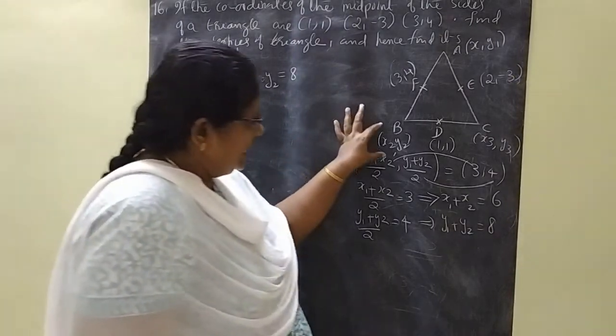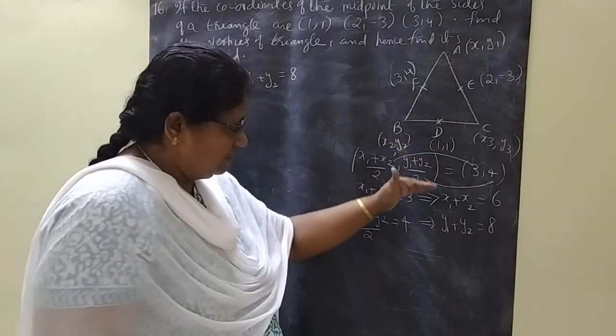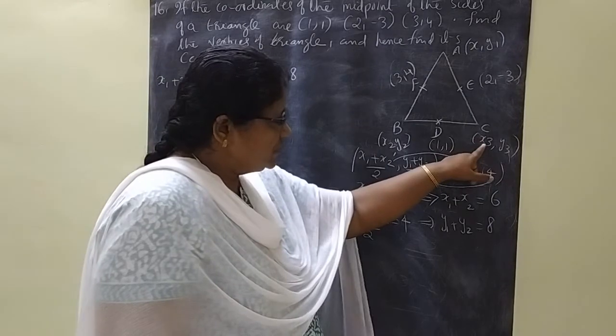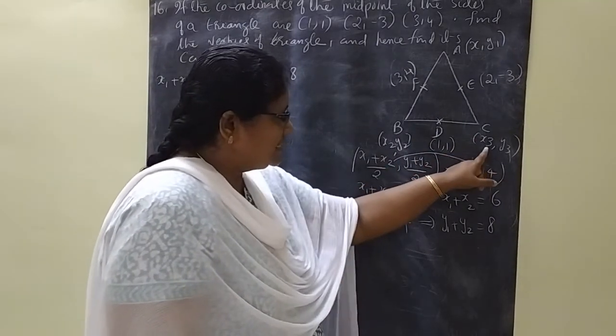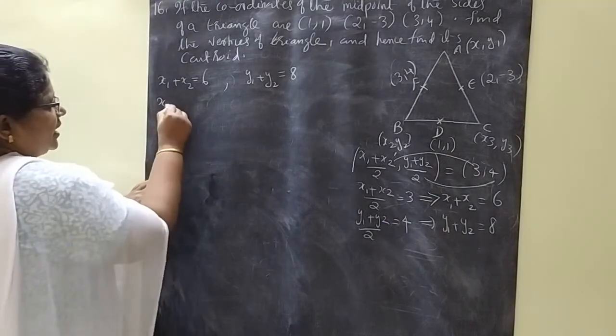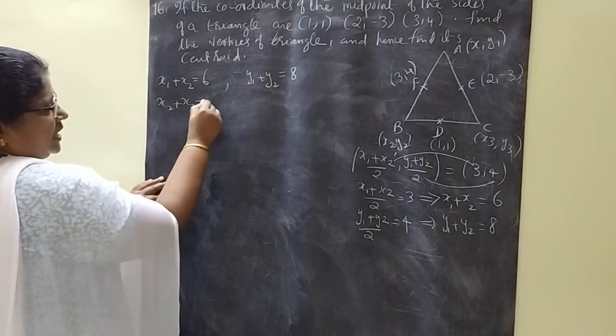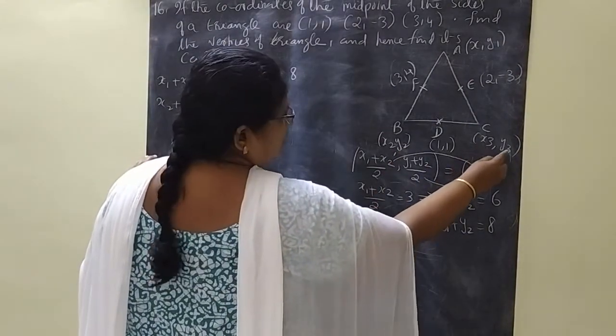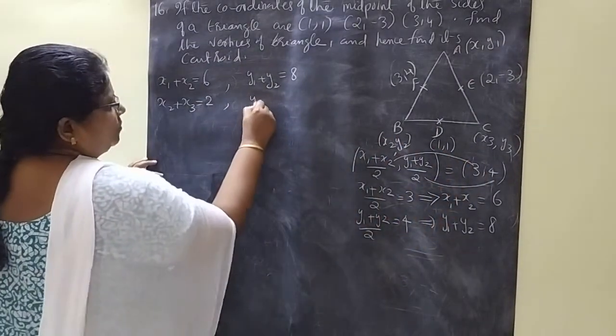Similarly, if we take this part, no need of writing the step. First plus first, that is x2 plus x3, is double this. So x2 plus x3 is 2 and y2 plus y3 is double the value.